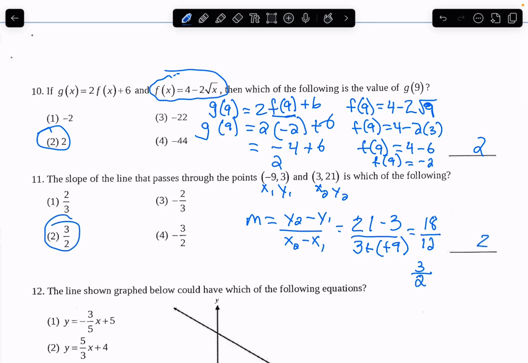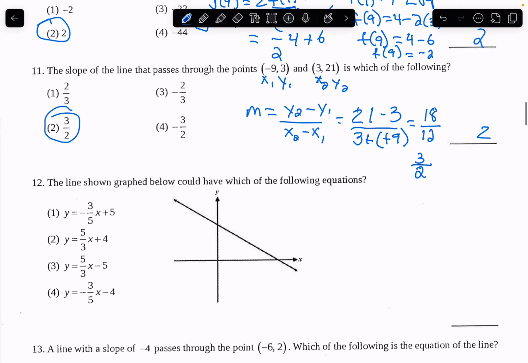Number 2. All right, we've had a ton of these, right? The y-intercept is a positive number. And the slope, we're going down from left to right, so that's a negative slope.